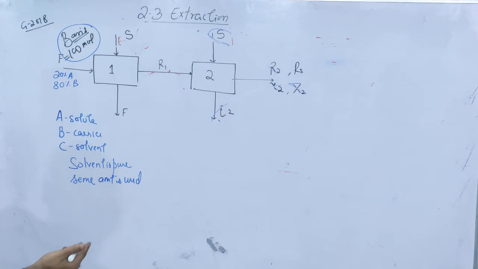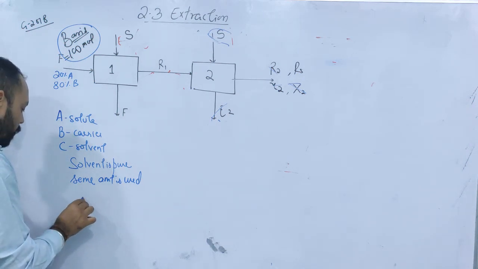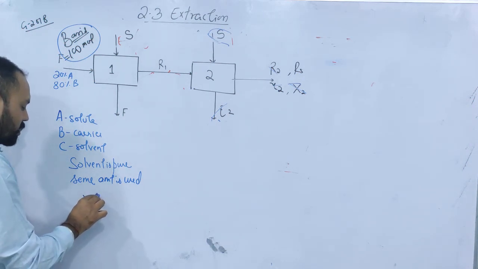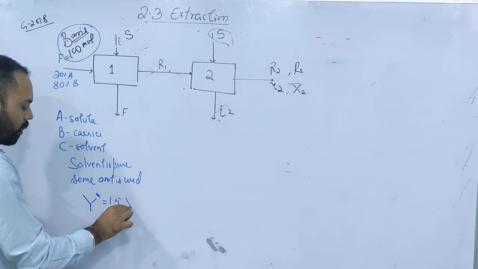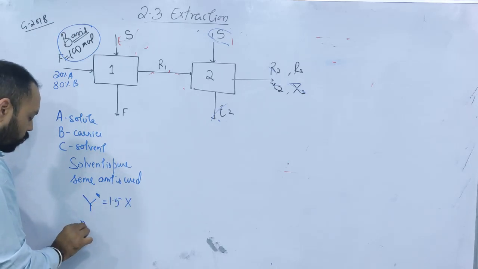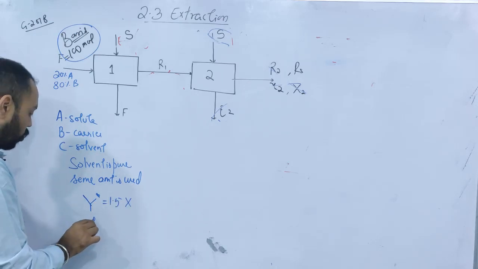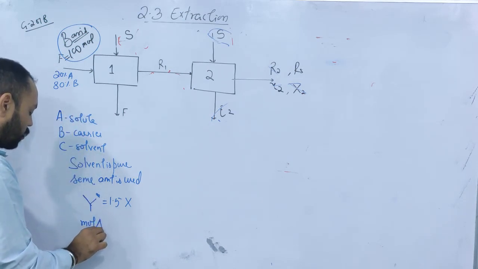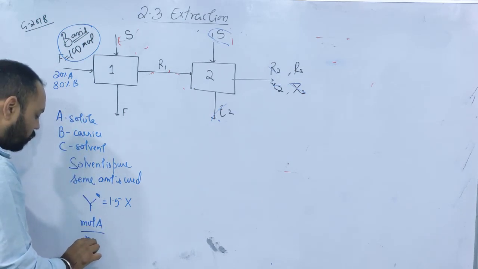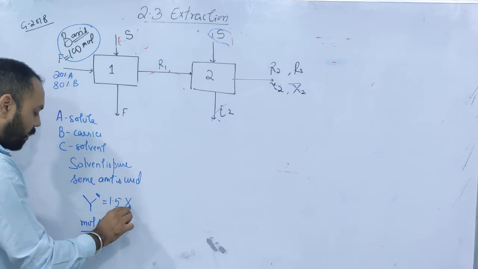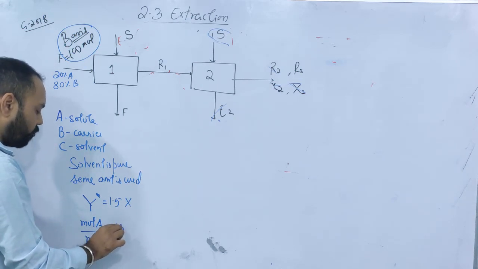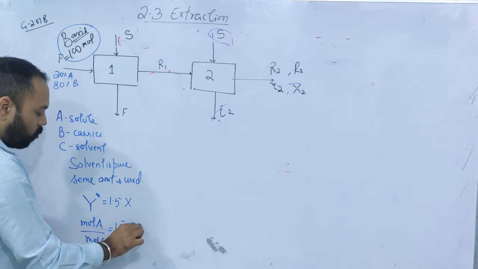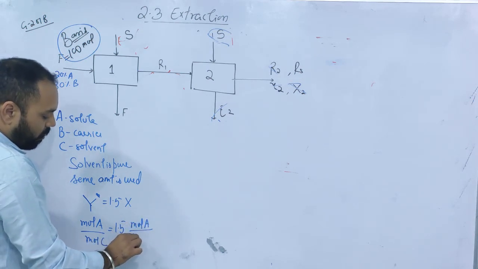What else is given is the equilibrium relation, which is y star is equal to 1.5x. Now y star is equal to mole of solute, which is A, divided by mole of solvent, which is C, and x is equal to mole of solute by mole of carrier, which is B.